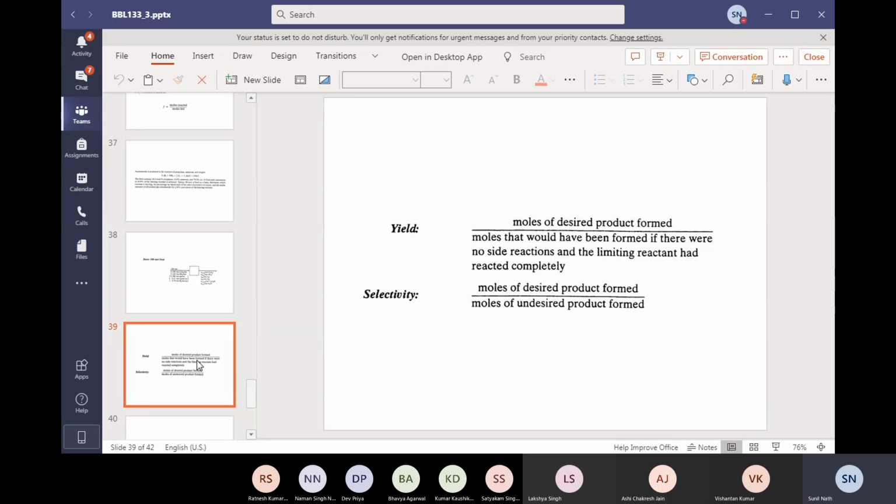So the yield for us will mean, number one, definition number one. Let's call this yield based on feed, okay, because it depends on fresh feed. So yield based on fresh feed we define as moles of desired product formed, same as the numerator here, divided by moles of limiting reactant fed.